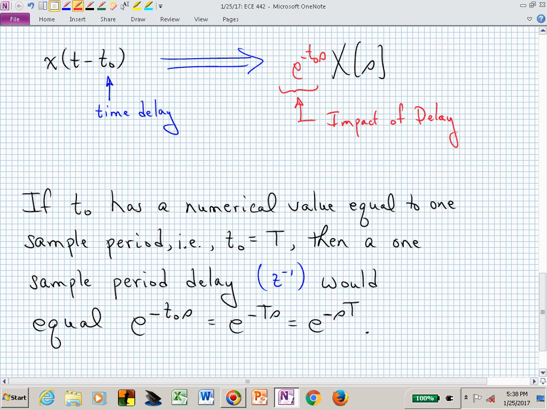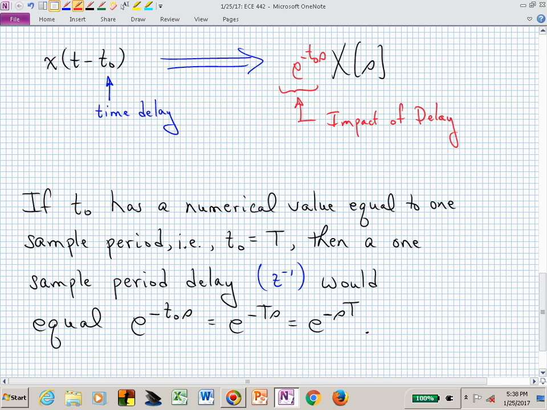So if t naught has a numerical value equal to 1 sample period, say now t naught is capital T, that's our sample period, then 1 sample period delay, which in the frequency domain of the Z transform becomes z to the minus 1, now we can relate those two expressions.